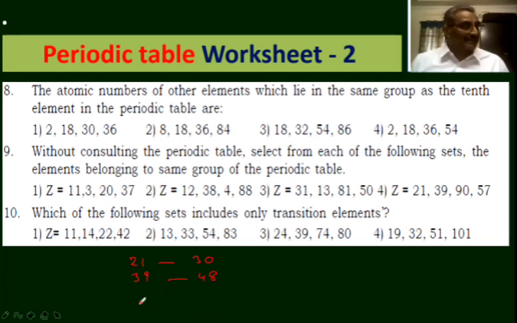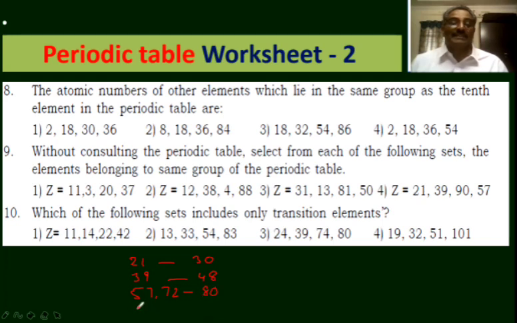And the next series is the sixth series, that is atomic number 57, and 58 onwards the inner transition elements start. Inner transition elements end with atomic number 71, and again 72 onwards the transition elements start. 9 elements from 72, that is up to 80.